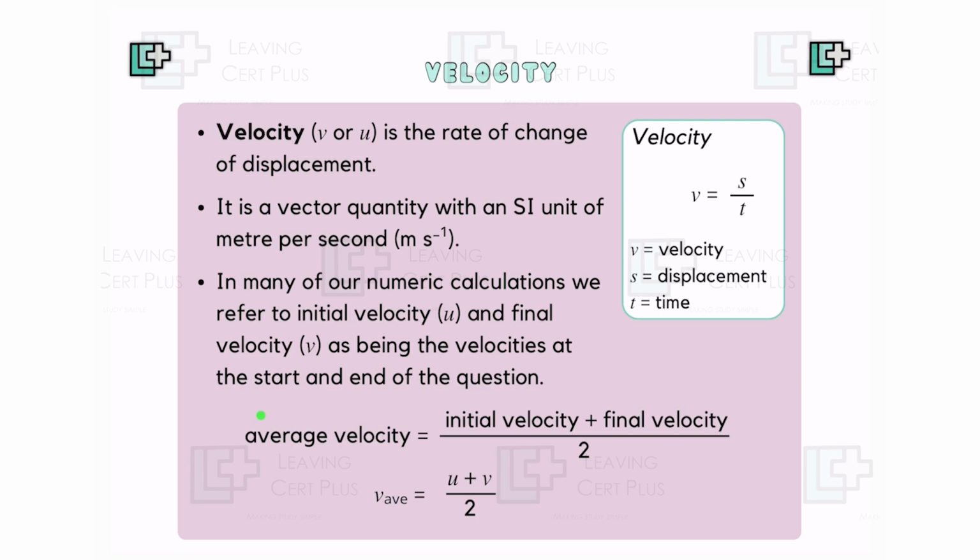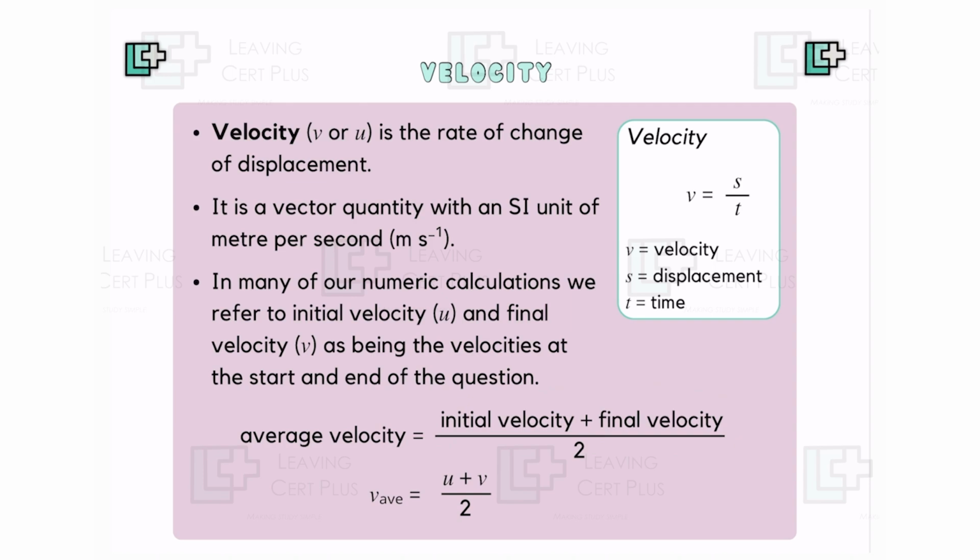And just as a side note, if the object has a constant acceleration, we can find the average velocity for that object while it's accelerating from some initial velocity to the final velocity by taking the sum of initial and final velocities and dividing by 2.